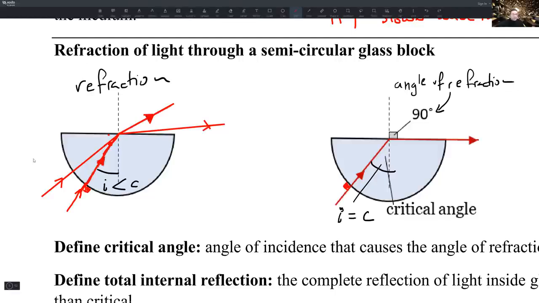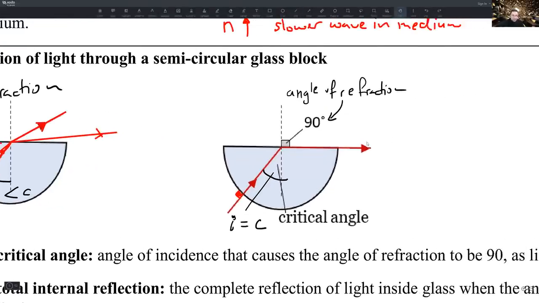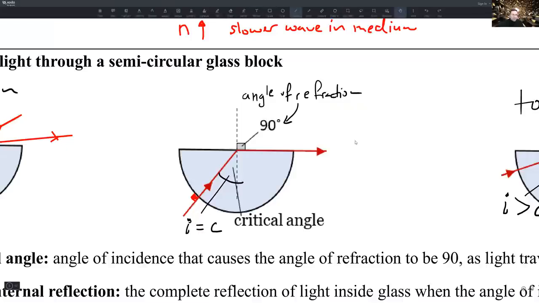It moves away until eventually the light ray bends away from the normal so much that it touches the glass surface. Here we say that the angle of refraction, which is the angle between the normal and the refracted ray, R, is 90 degrees.